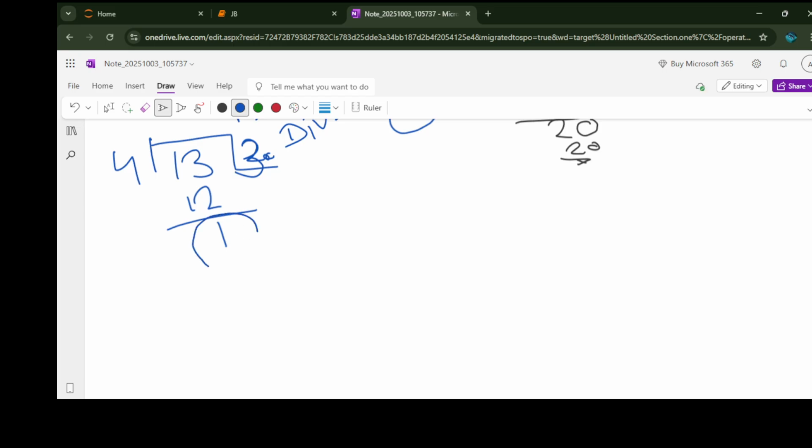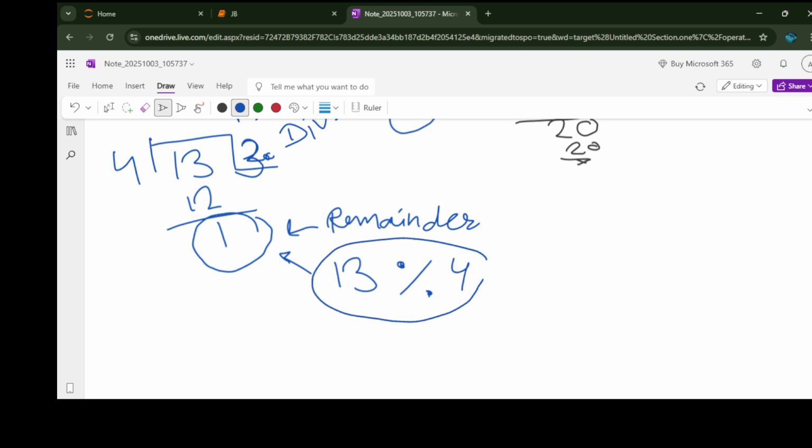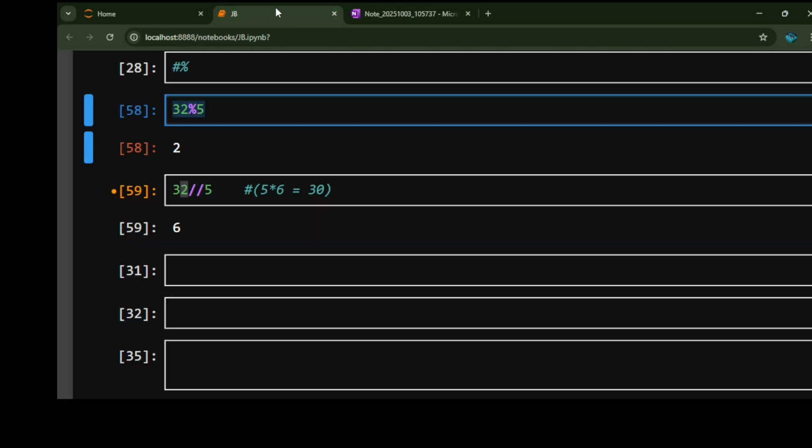So this is the remainder of simple division of 13 by 4. So this is the result of 13 modular division by 4. Very simple concept.